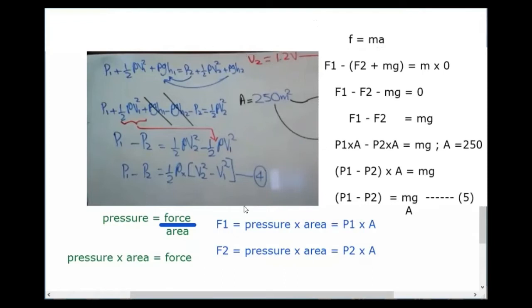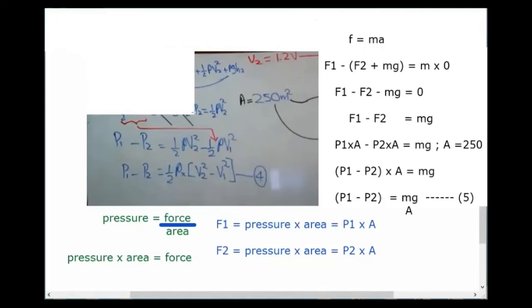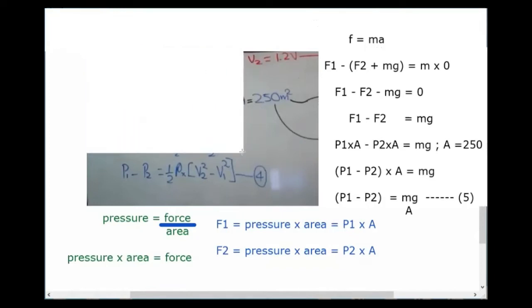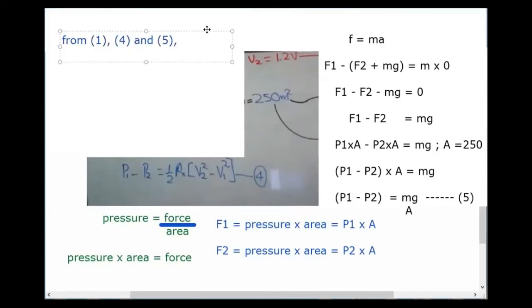I'm going to combine, look at the board carefully. I'm going to use the equations, right?